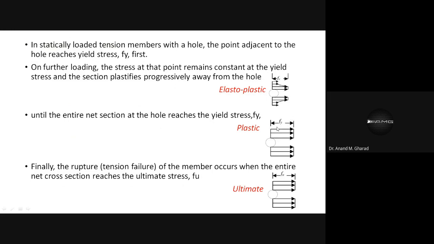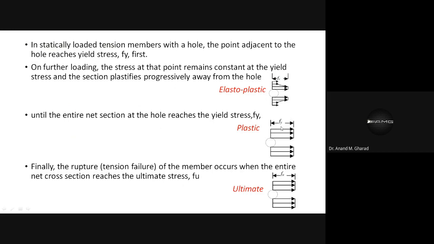Okay, constant Fy value is reached, and this is known as the complete plastic zone. Okay, with the further increase in the pull, what will happen? The rupture or the tension failure of the member will occur when the entire net cross section reaches the ultimate stress, that is Fu value.